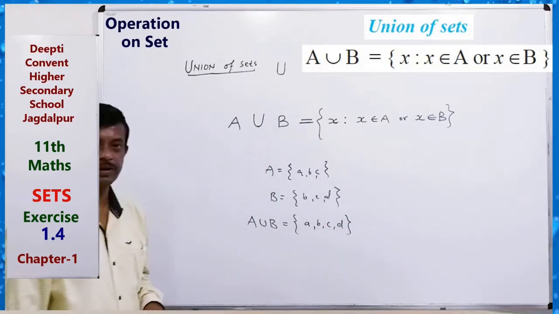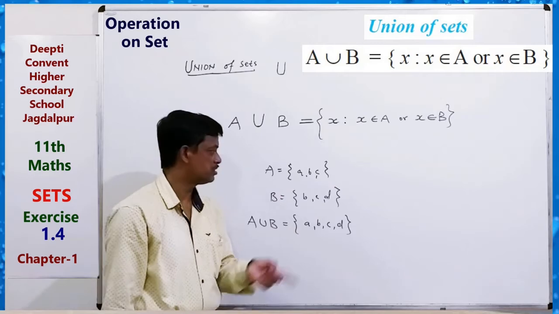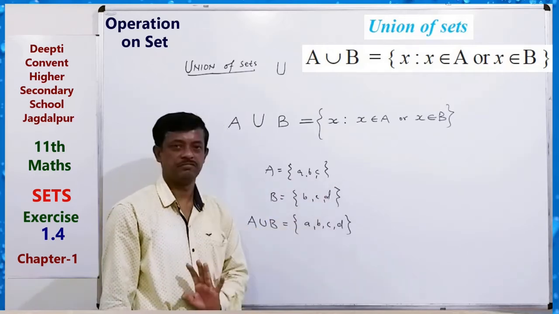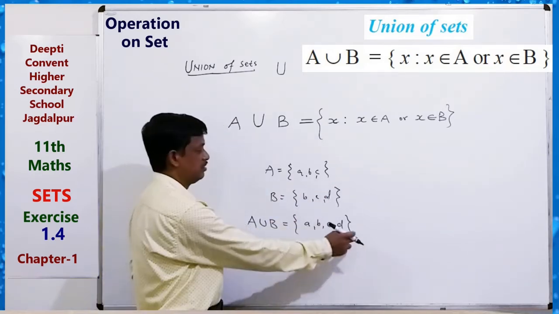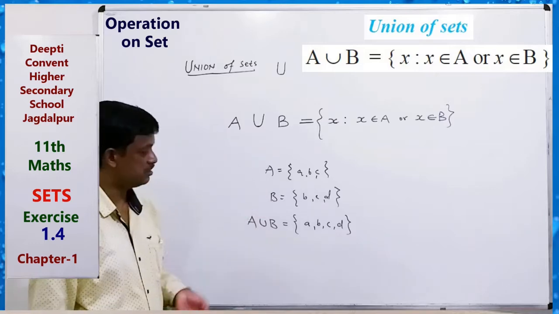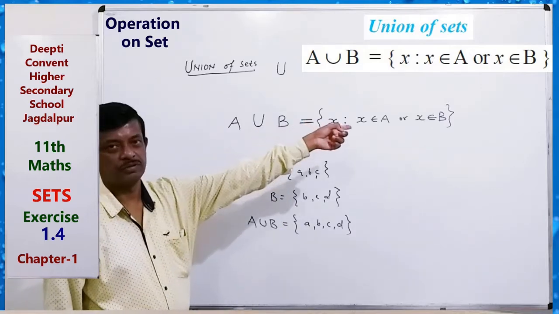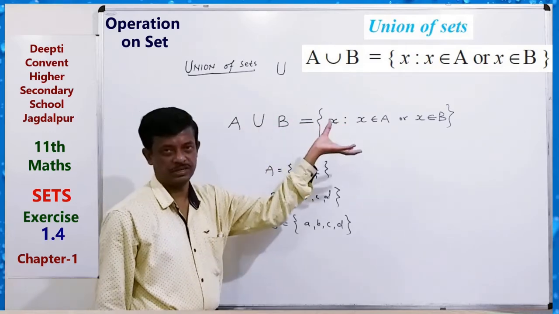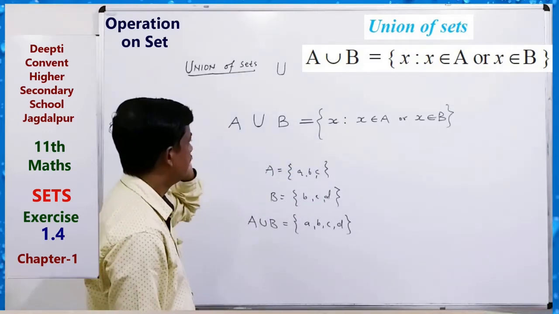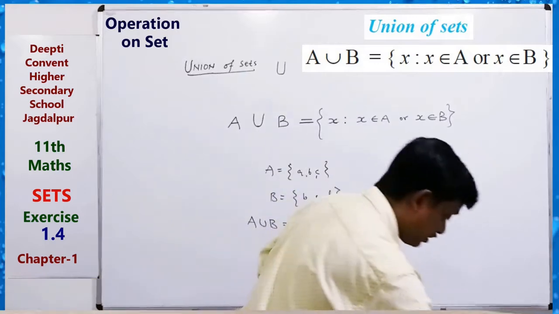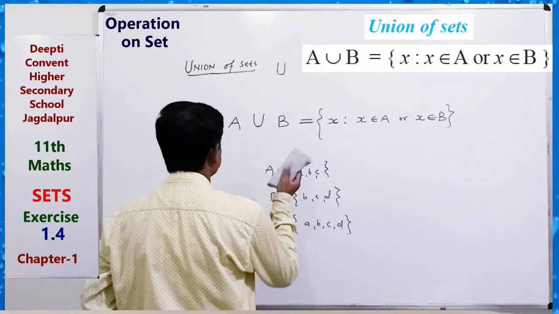Here b and c are common, so we write them only one time. So this is the union of these two sets. This is a new set. Clear? This is in roster form.